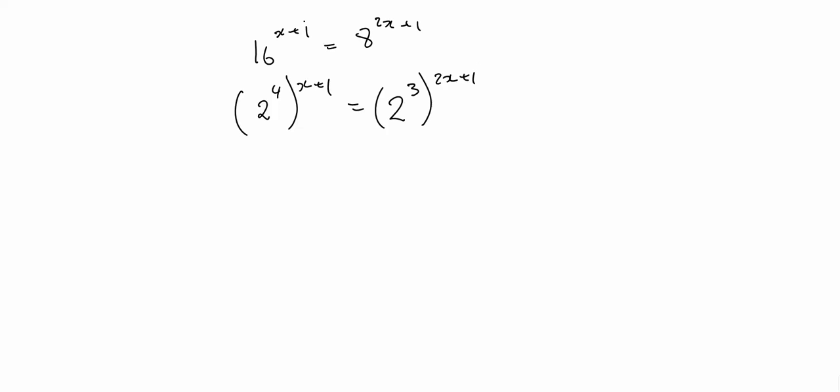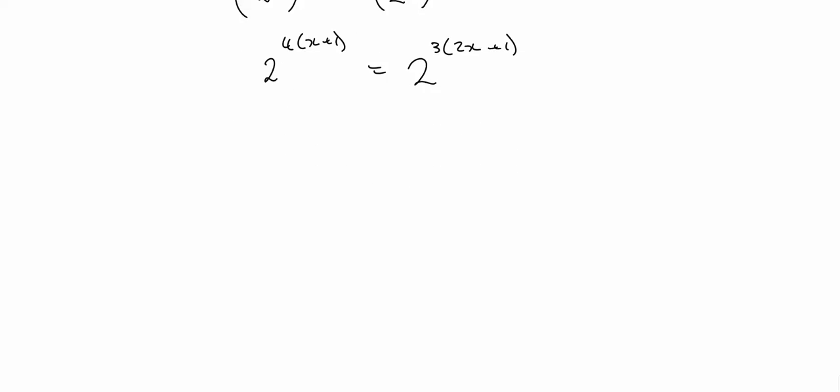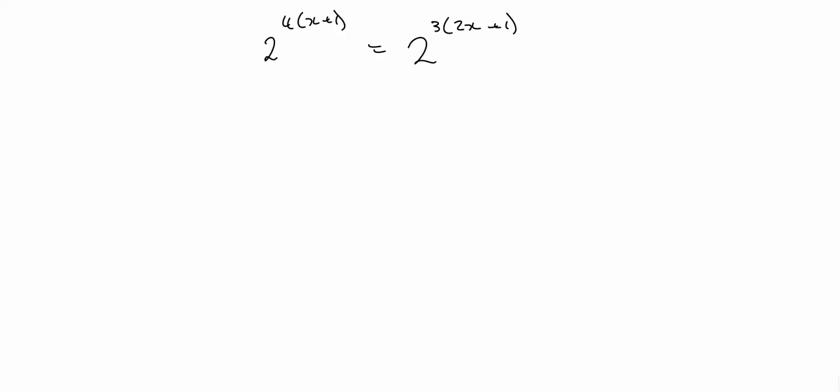And so using the rule of indices, we have 2 to the 4 times x plus 1 equals 2 to the 3 times 2x plus 1, and therefore now we have the bases the same, both 2. We have 4 times x plus 1 is 3 times 2x plus 1.